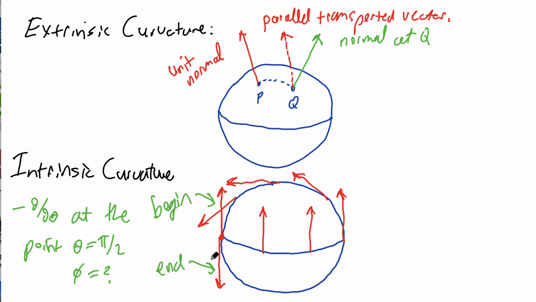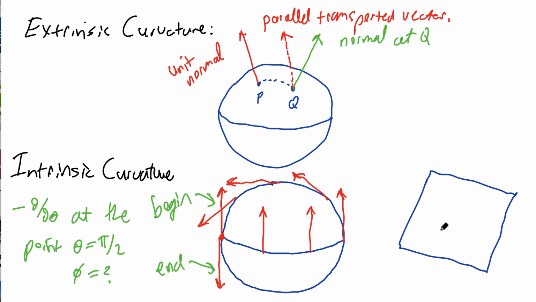We can subtract them and see what the change is. In this example, the vector is rotated by a full 180 degrees. And the amount of change in the vector when we bring it back to the original point is a measure of the amount of curvature inside the loop. Of course, we could carry out this same analysis for the Euclidean plane.